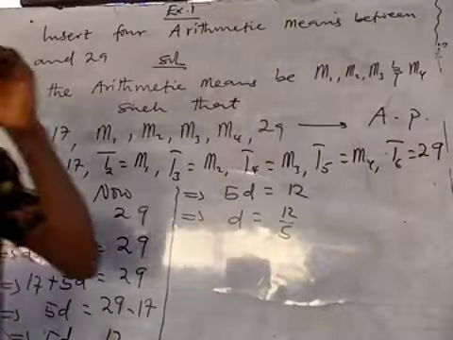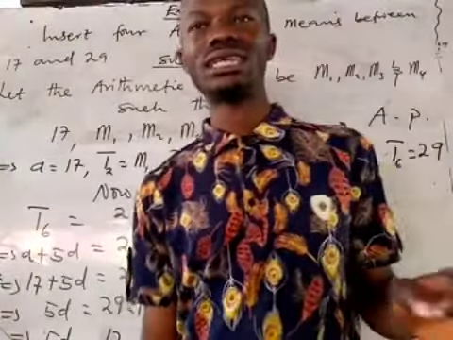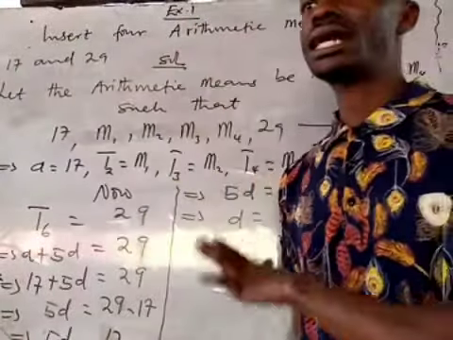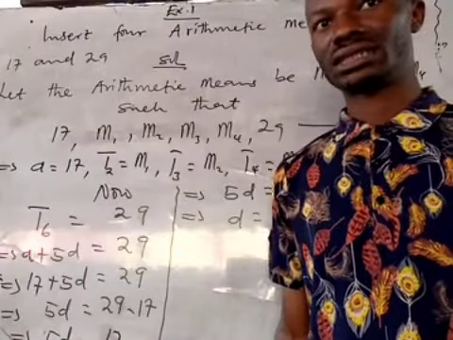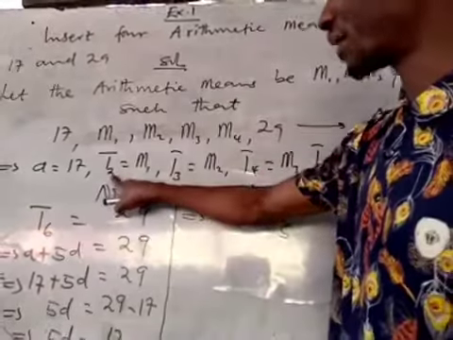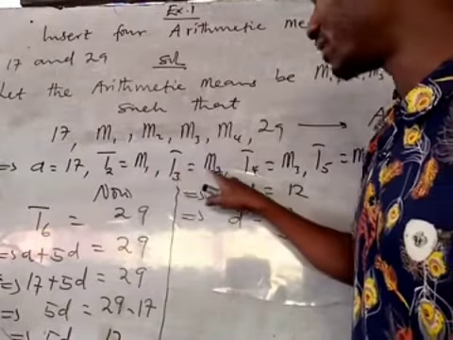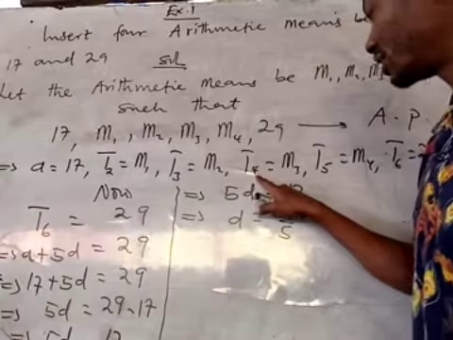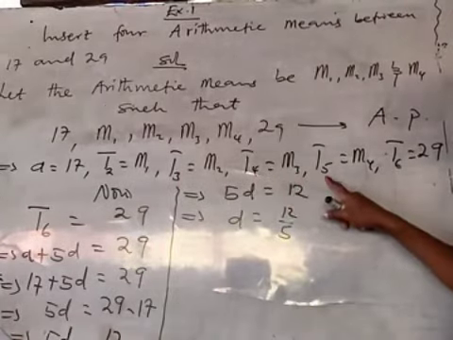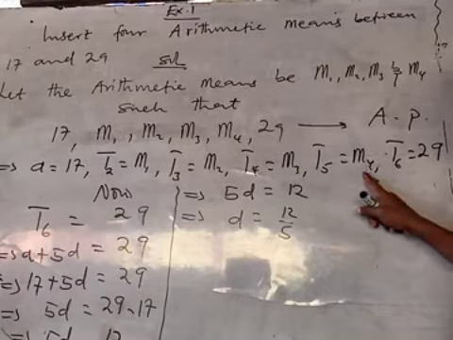Once you know the first term and the common difference, you can find any term of the sequence. So we intend to find the second term, the arithmetic mean M1, the third term M2, the fourth term M3, and the fifth term M4. We now proceed to calculate all these.